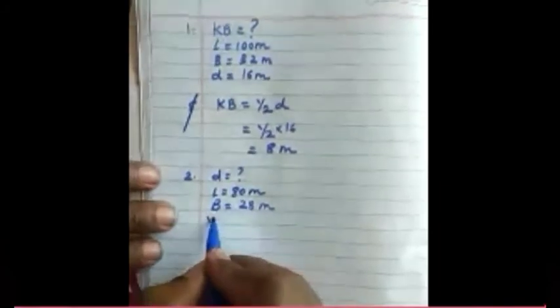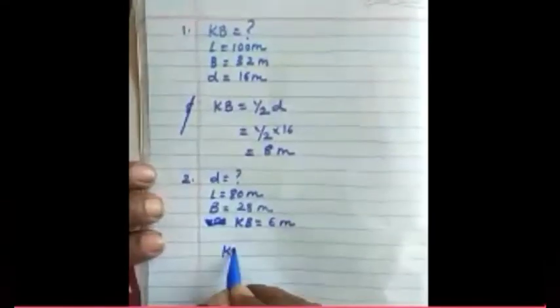What is the meaning of vertical center of buoyancy? Vertical center of buoyancy is also called KB. KB is given as 6 meter, that is, the distance of the center of buoyancy from the keel.